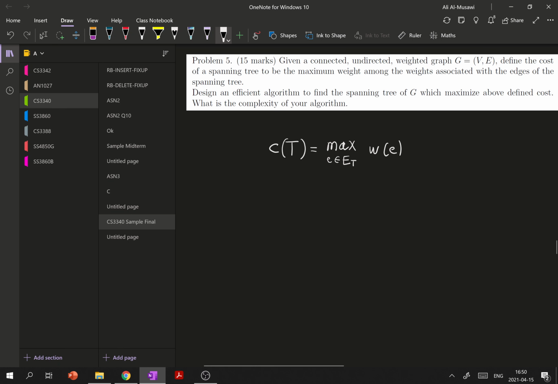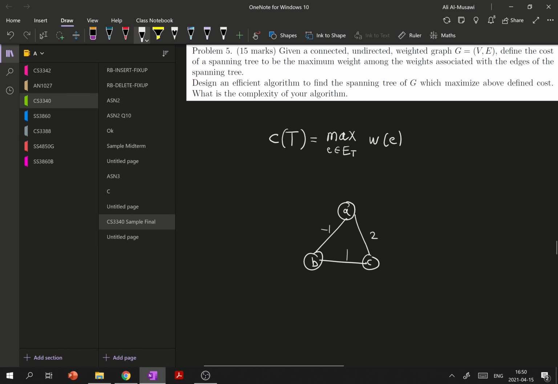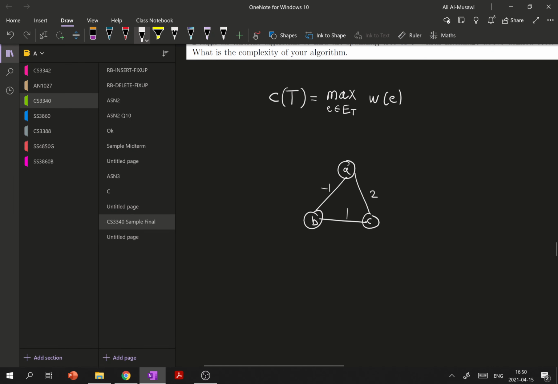All right, so if we're given a graph, something like this, let's call this one A, this is B, this is C, and we have edge weights -1, 2, and let's say this is 1. Then, what is the set of all spanning trees of this graph G?